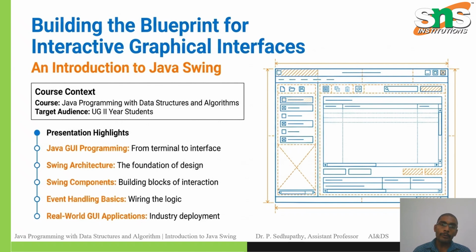Things we are going to discuss are Java GUI programming relevant to Java Swing, Swing architecture and how it works, components of Swing like labels, buttons, and so on, how labels and buttons are handled using Swing coding, and finally some real-time examples.